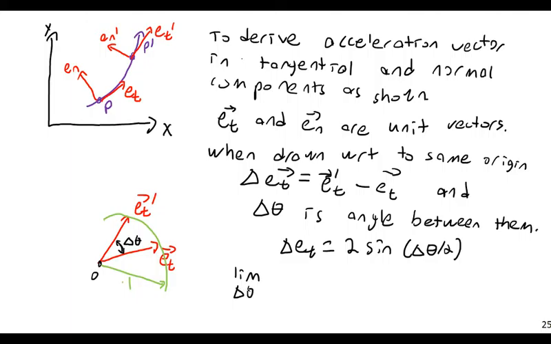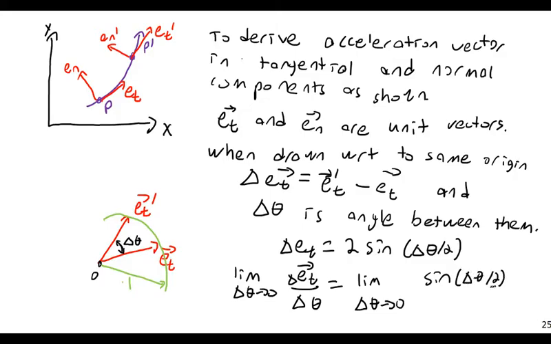The limit as delta theta approaches 0 of delta ET over delta theta equals the limit as delta theta approaches 0 of the sine of delta theta over 2 divided by delta theta over 2, times EN, and this is equal then to simply EN.